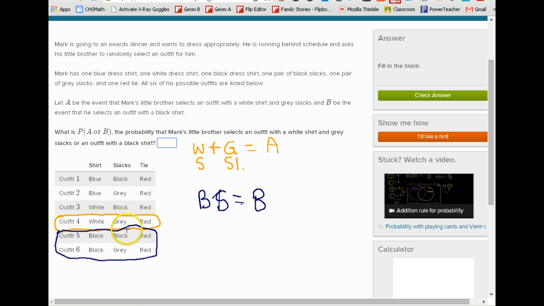Well, I kind of overlapped when I drew it, but the reality is this is one outfit of 6. So this would be 1 over 6. And these are 2 over 6. So the probability that he picks either A or B, you add those together and you get 3 over 6, which is 1 over 2.